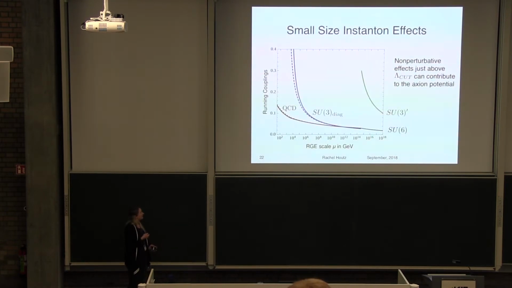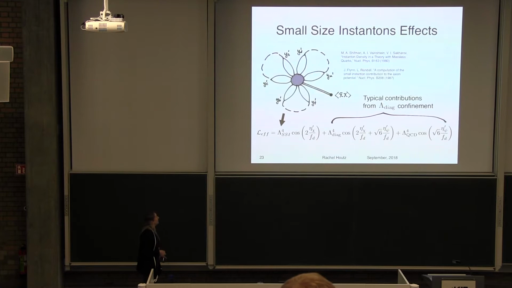And we have this nice, not too strong, still perturbative, but decently strong coupling sitting up here at the high energy physics, which can then contribute to the axion potential. So here's a new source of axion mass that was pointed out by other people. You've now seen this diagram a few times, so you should totally be comfortable with it, right?